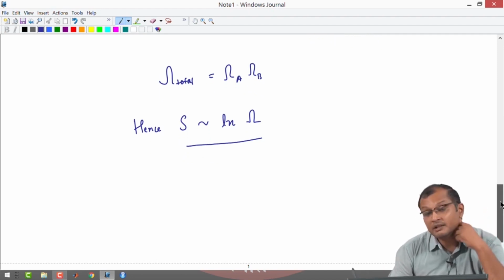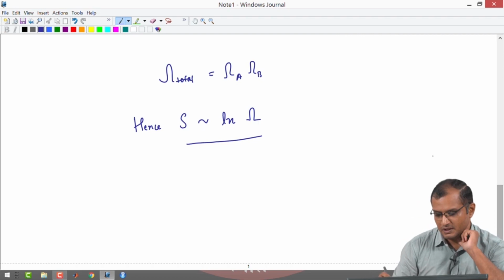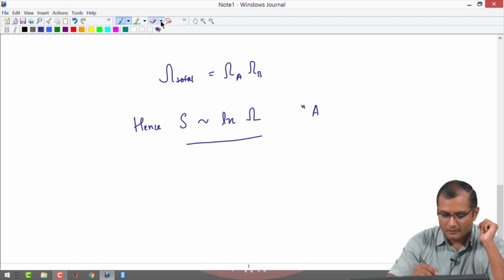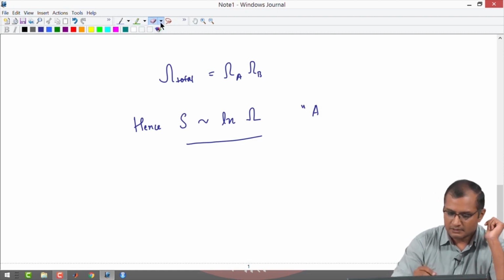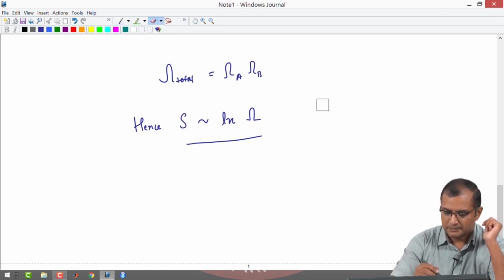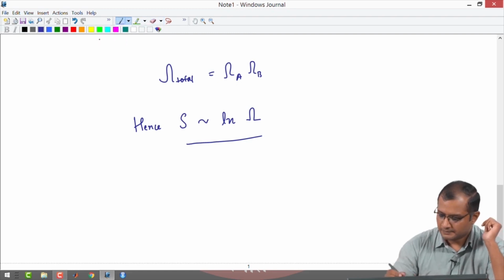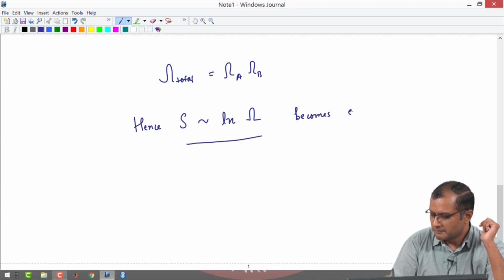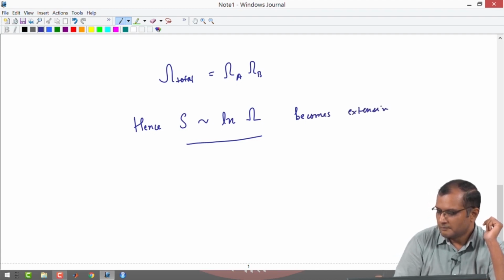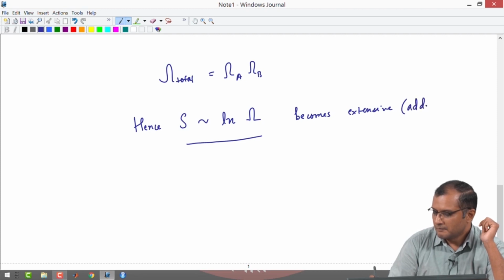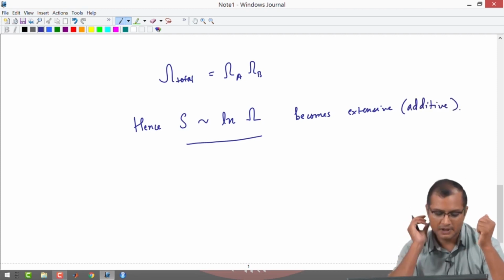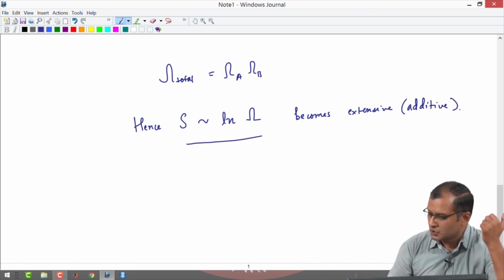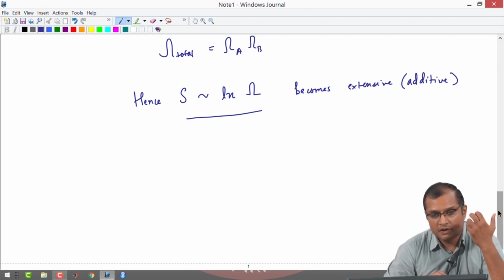It makes entropy naturally additive. Okay. So I will write down the conclusion. This is the reason why you take entropy to be logarithmically dependent on the number of states.